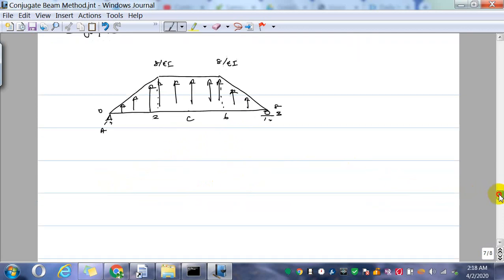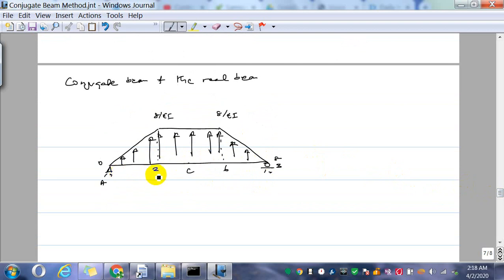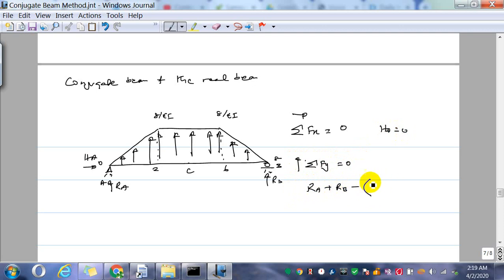So if I take equilibrium conditions, I can find RA. So I can apply equilibrium conditions, and the sum of all the x direction forces is 0, so HA is 0. If I sum all the y direction forces to be 0, then I have RA plus RB minus the load due to this load.